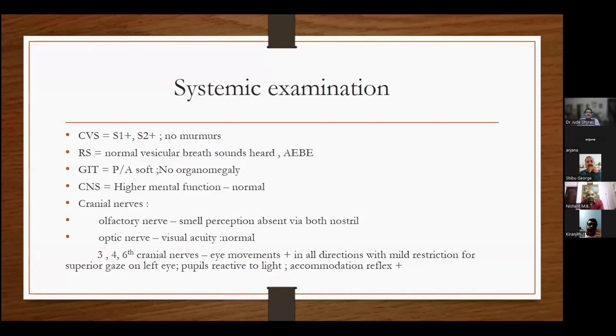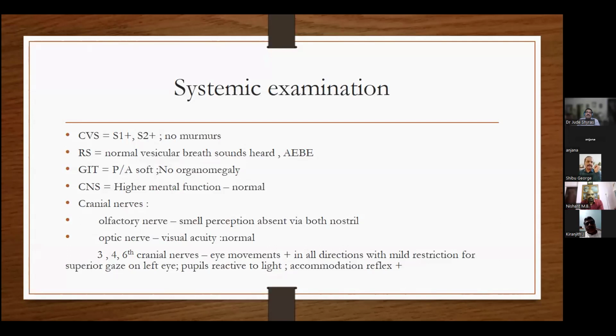Yes, sir. Why? So that the smell comes in contact with the olfactory mucosa. Why should this be done? Because the olfactory mucosa is located on the roof of the nostril, so the airflow has to be present so that the patient is able to perceive the smell.